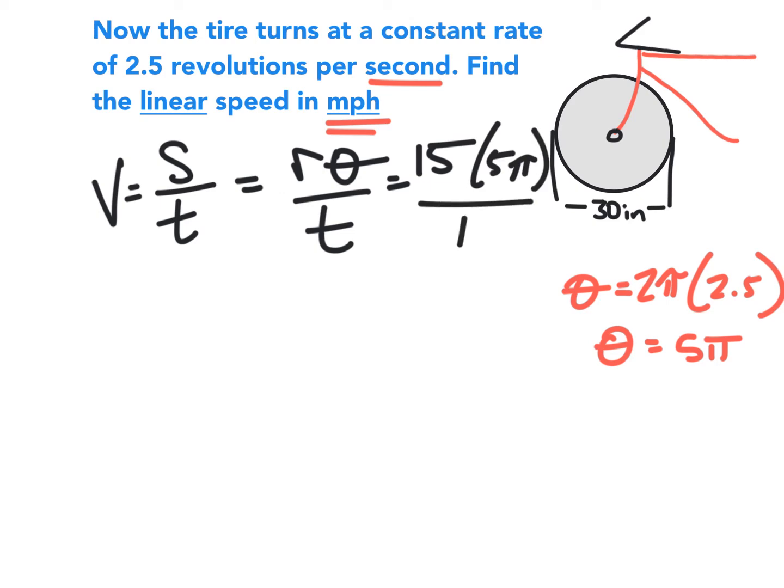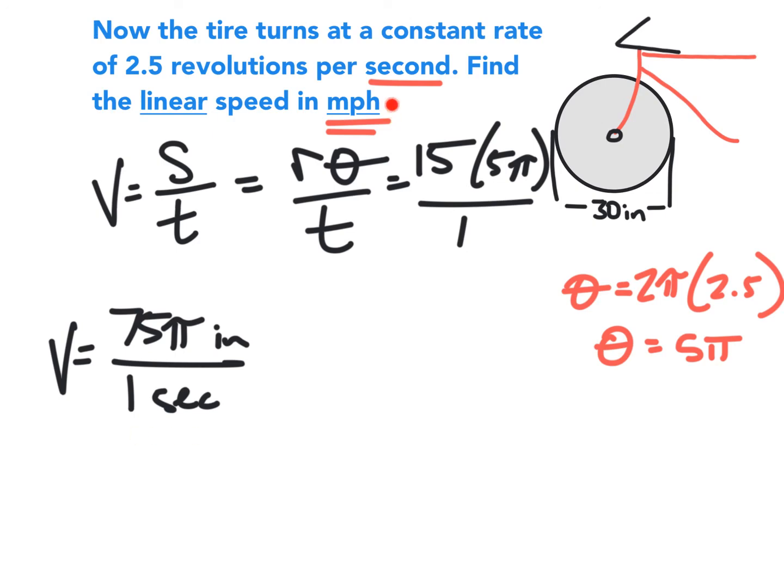So what this has given me is that v is equal to 75 pi, and this is in inches, since the radius was in inches, every 1 second. So its linear speed is 75 pi inches per second, but I need to know it in miles per hour.